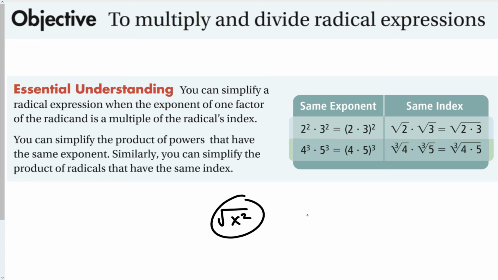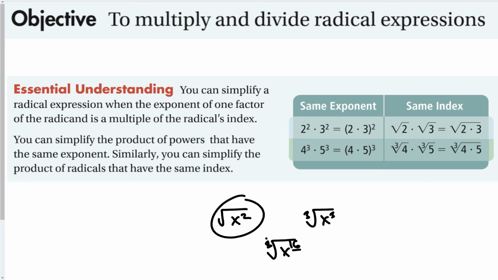This can be simplified. A third root with an x to the third power can be simplified. An eighth root with an x to the 16th power, as long as it's a multiple of the radical's index, we can simplify this expression further.